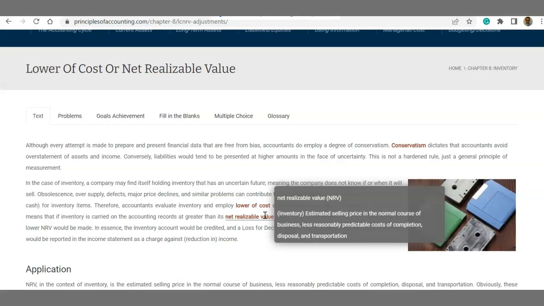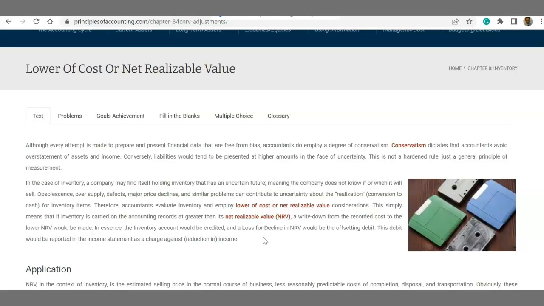That means sales price minus cost of disposal. That will be your net realizable value. Sales price, estimated sales price for that inventory at that moment, minus cost of disposal. Cost of disposal is, let's say, shipping cost, for example. That's cost of disposal.